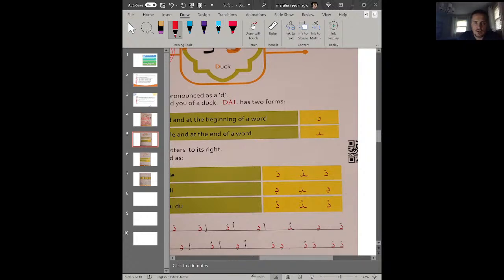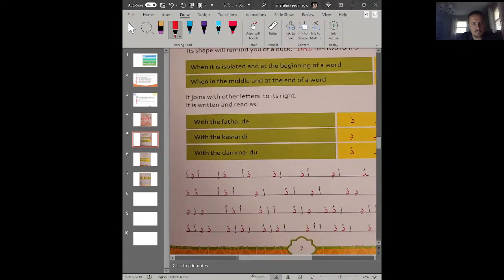We just finished Alif, and we said Alif connects only from the right side as well. It does not connect from the left. Same thing as Daal. This is the isolated form, and this is the connection. The small tail here is the connection.